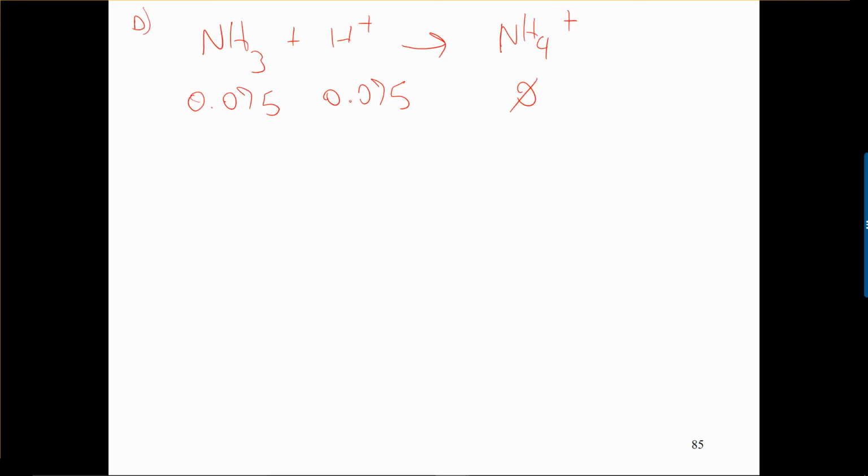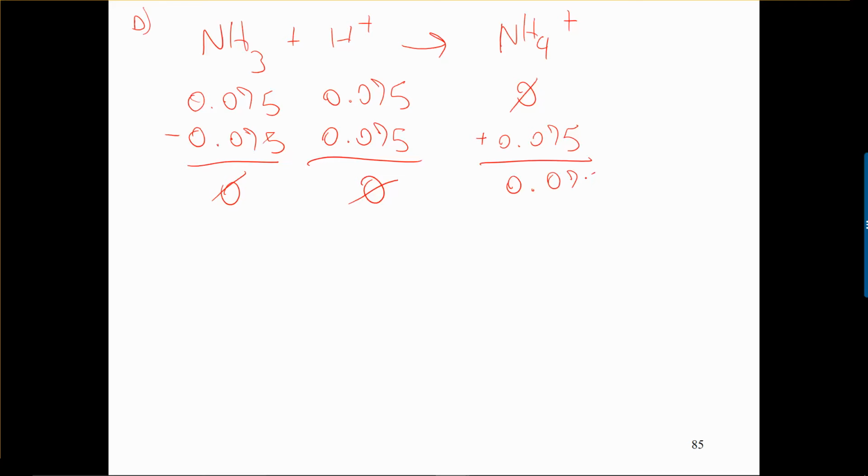Okay, so these are my initial concentrations, right? Both of these are going to go to 0, and I'm left with NH4 plus. What do I do now? Now I need to find the equilibrium.